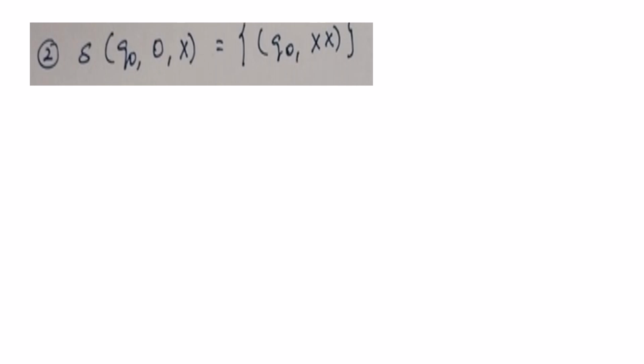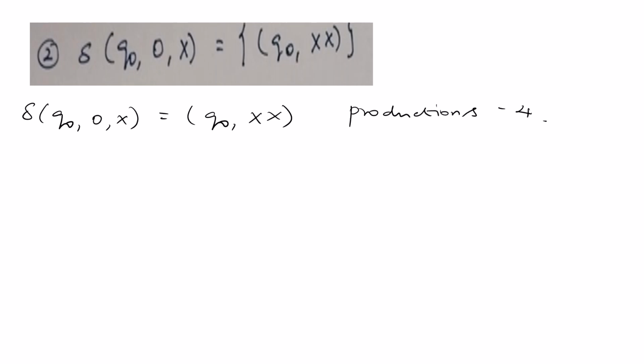So the next rule we are having here is delta of Q0, comma 0, comma X is equal to Q0, comma XX. So what is then the equivalent productions of the grammar? Again we are going to have four productions. So Q0, and then we are having our X here.